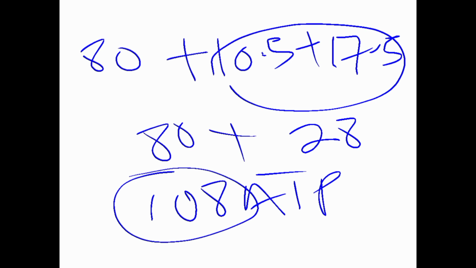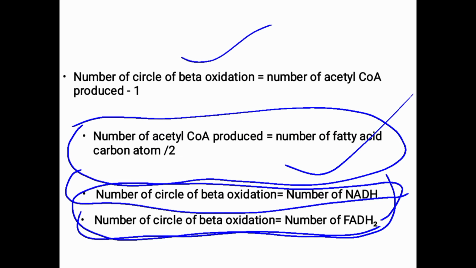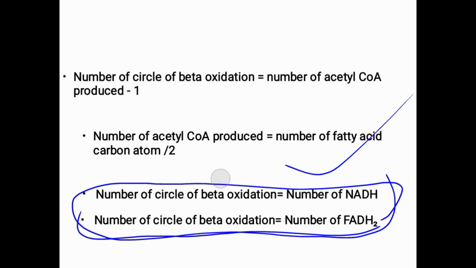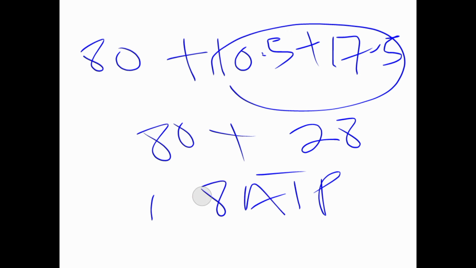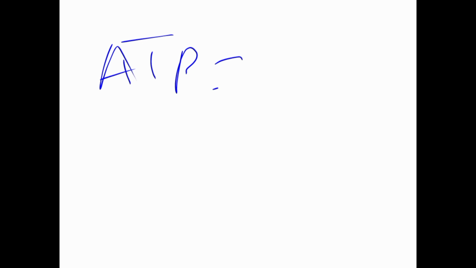We are not done. Do you remember that I actually explained something when we were about to finish the video on beta oxidation pathway? I said during the activation of the fatty acid, that means during the conversion of fatty acid to fatty acyl CoA in the cytoplasm, remember, we used ATP. We broke down ATP into AMP, right?